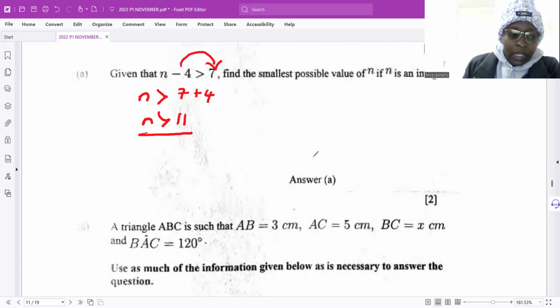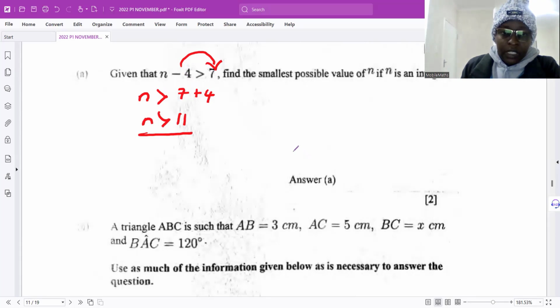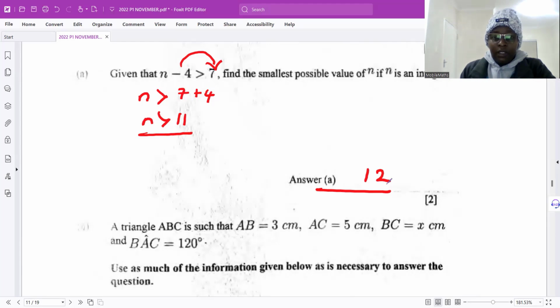So we are saying n is greater than 11. So we can have it as 12. That's the smallest integer that is greater than 11.